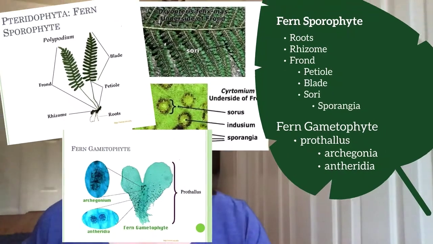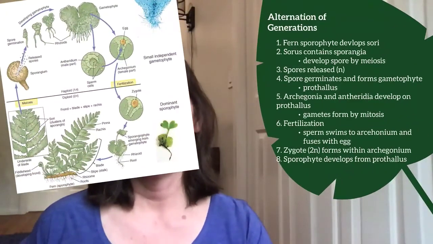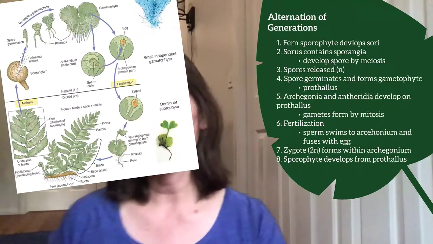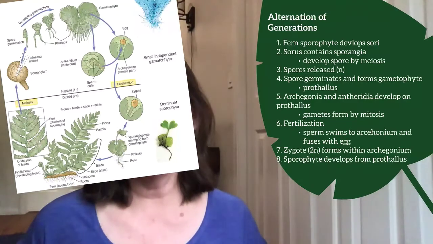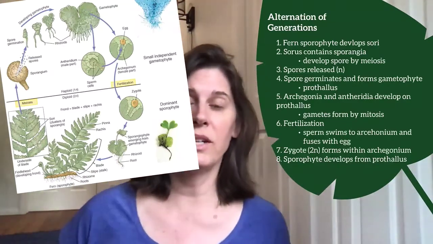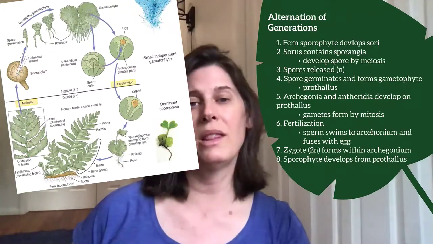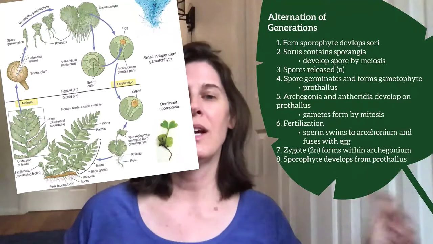Okay, and so let's put all this together by looking at the alternation of generations. This is a picture from your textbook, so please make sure you study your alternation of generations. It's really important in the plants. It really helps us to understand the evolution of each plant.